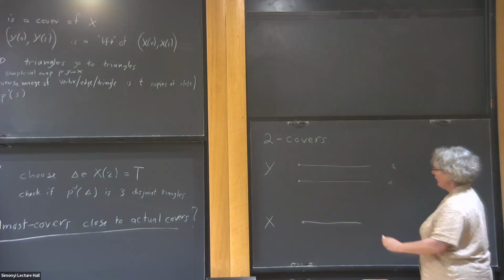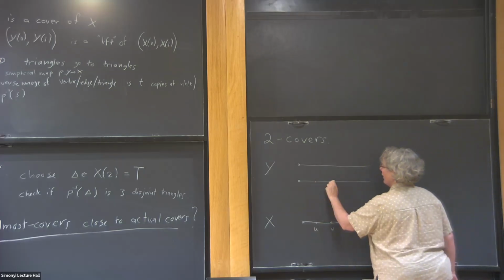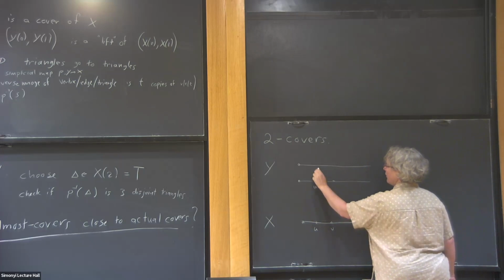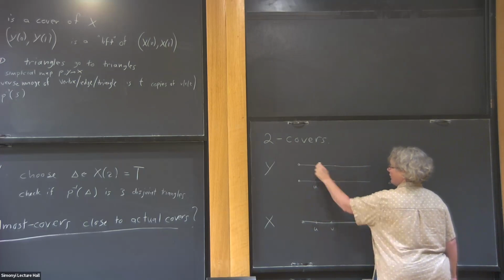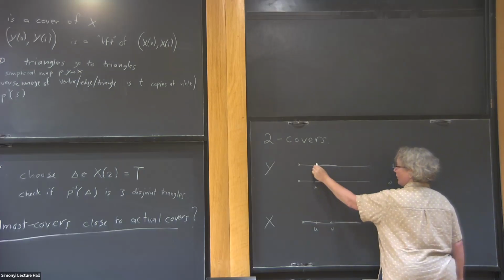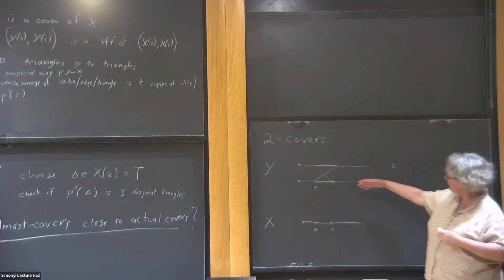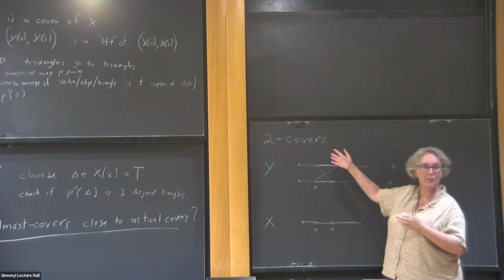Whenever I have an edge from U to V, so this is U0, this is U1, there are these 4 vertices. I can either draw the edge this way or this way. That's my 2 options. You can see that if it's a 3 cover, then there's more than 2 options.